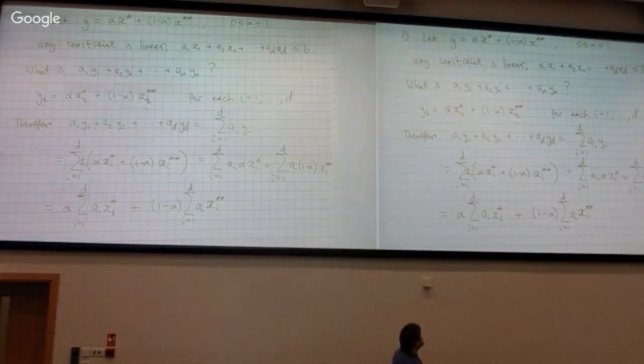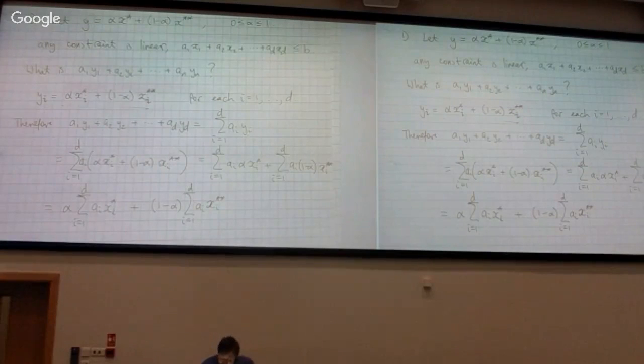So this sum is no more than b, and this sum is no more than b. And we multiply each of them by a non-negative number, so that remains less than or equal to b as well.